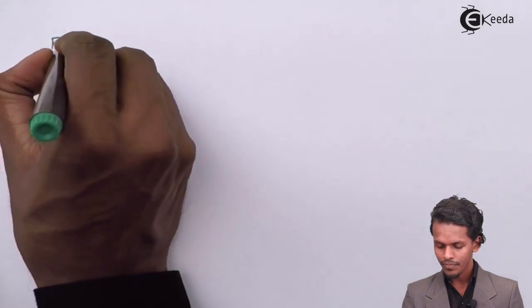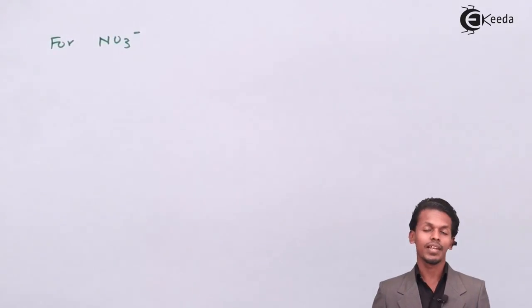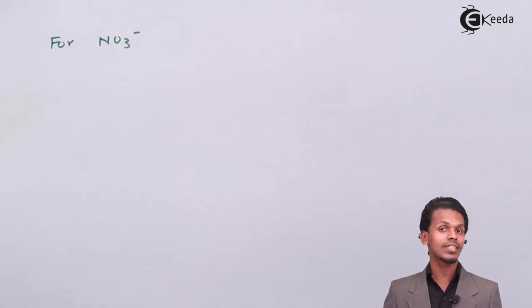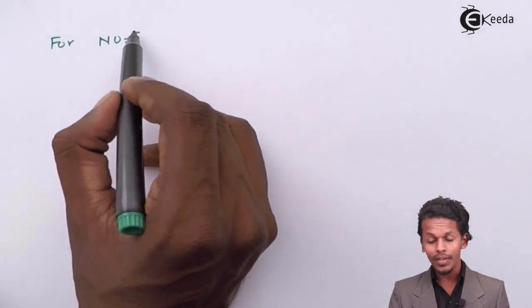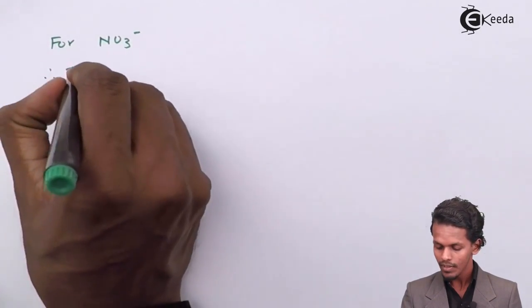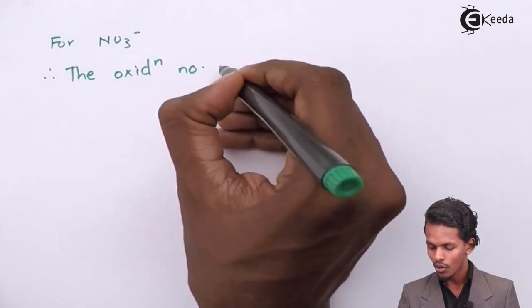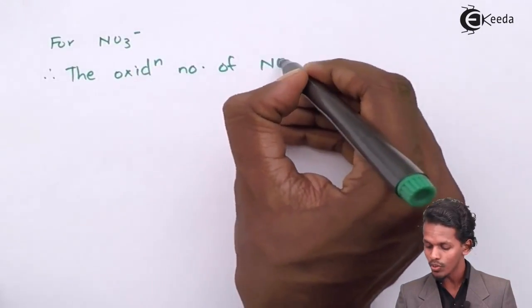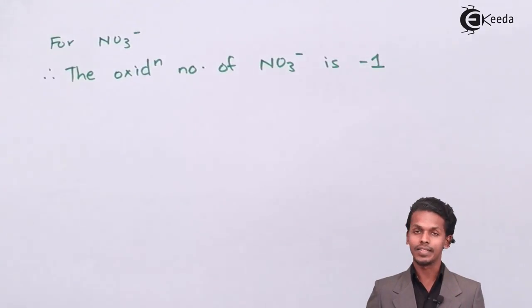For NO3 minus, which has a -1 charge, the oxidation number of this molecule is -1. Why? Because this molecule consists of a -1 charge. So I could write that the oxidation number of the molecule NO3 minus is -1, or I could write it as 1 minus.